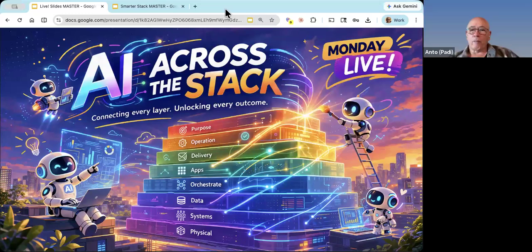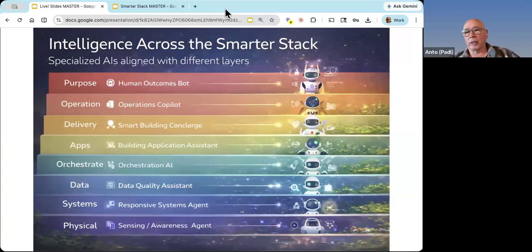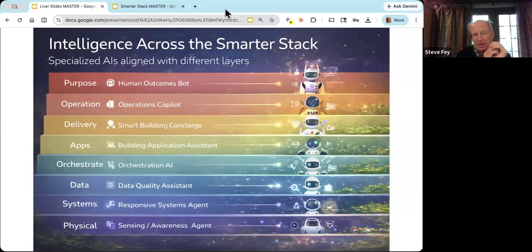All right. So Anto, could you go back to the one slide that had the robots at each level of the stack? This one. Yeah, that one. Okay. As you mentioned, on Wednesday, we started to talk through conceptually the idea that AI would have a role to play in each level of the stack, and I was a proponent of that way of thinking.